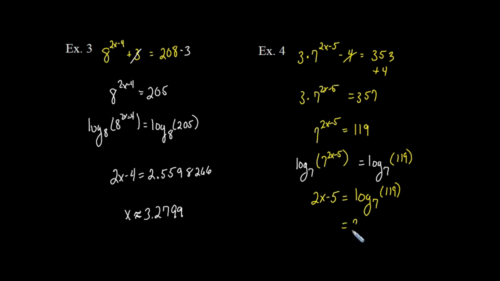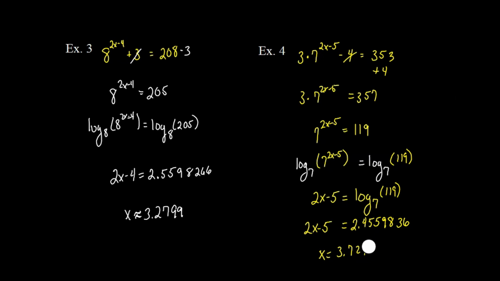And get the decimal to be 2.4559836, and from there I would just add 5 while it's still in the calculator, divide by 2 rather than write it out several times, and you will end up with the final answer of 3.72799.